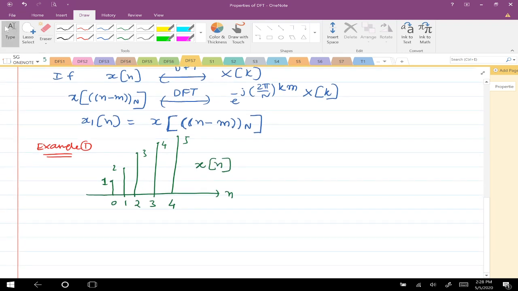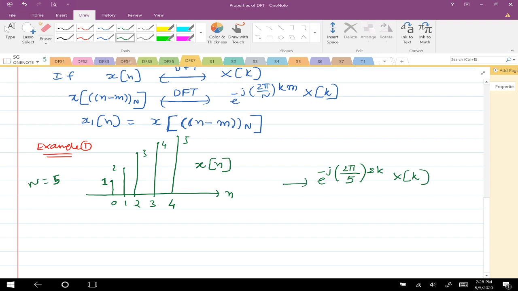What I would like you to draw here, for example, on the right hand side, I want the DFT to be e to the power minus j 2 pi by 5, where n value could be, for example, 5 here, into 2k, a shift by a factor of 2, times X of k.